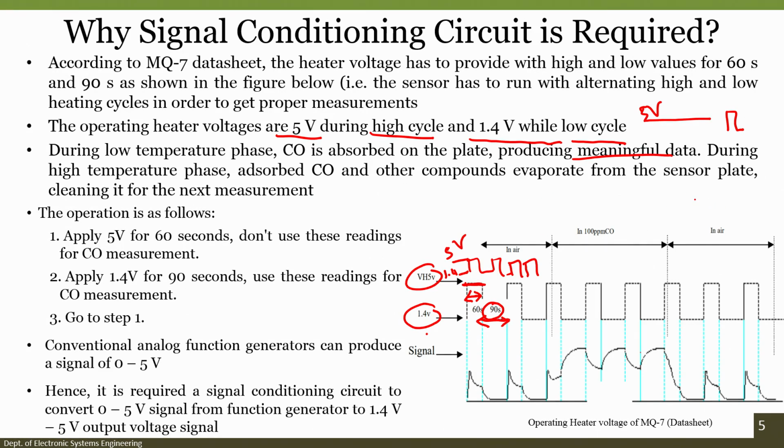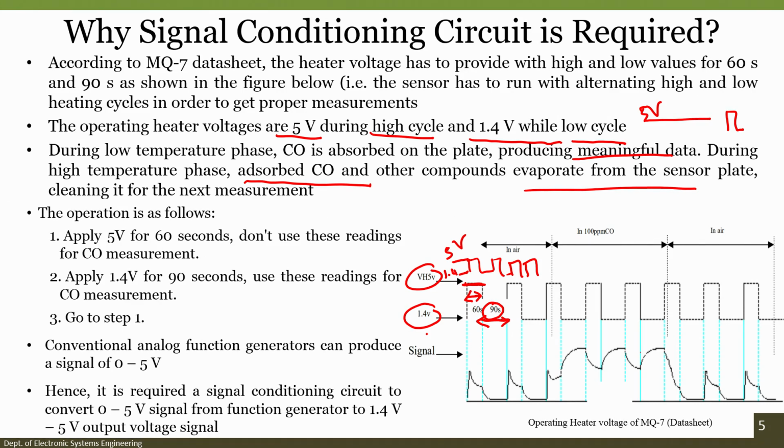So there are two phases. At lower temperature, CO is adsorbed and remains on the surface, and when the temperature rises, the adsorbed materials evaporate from the surface of the sensor.